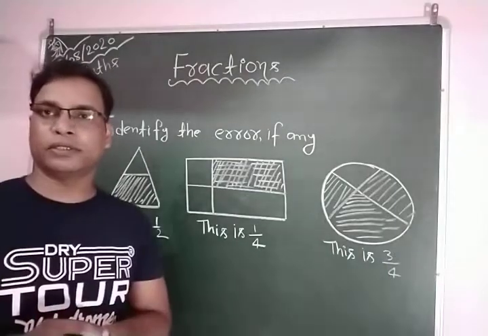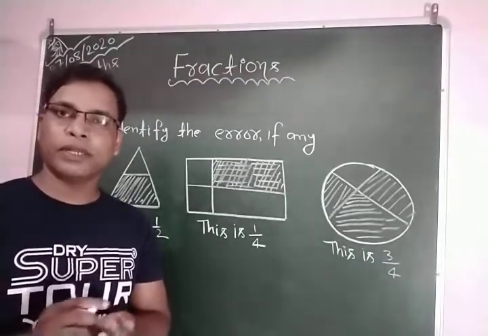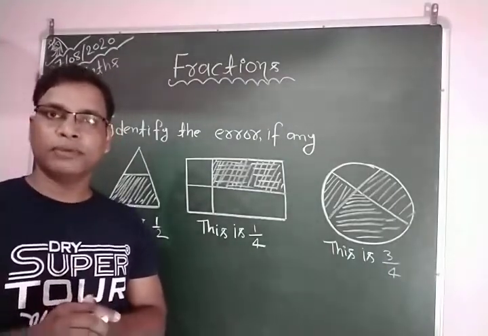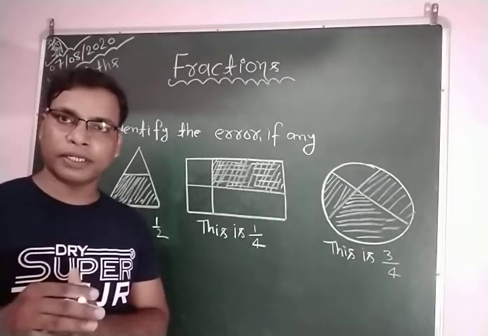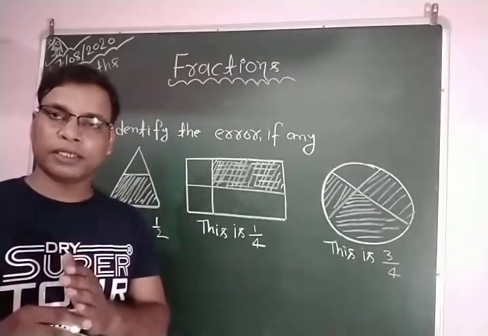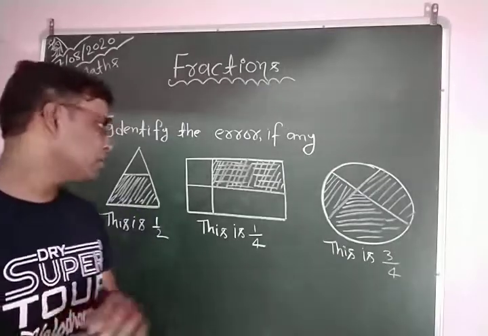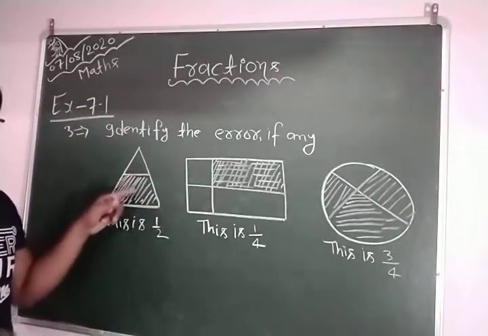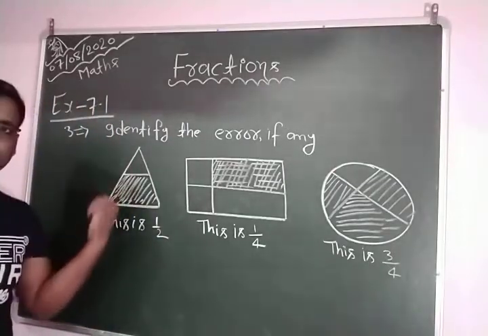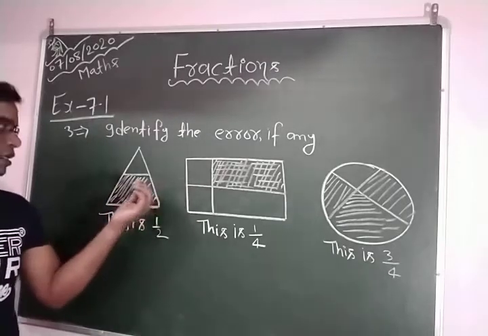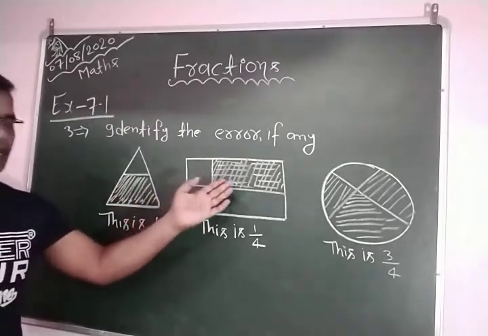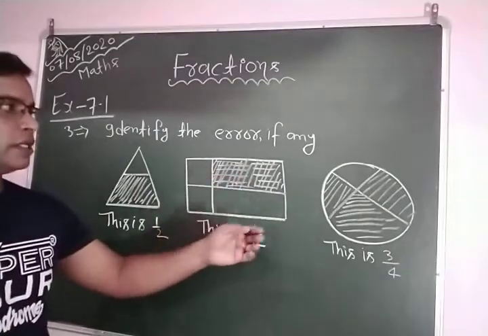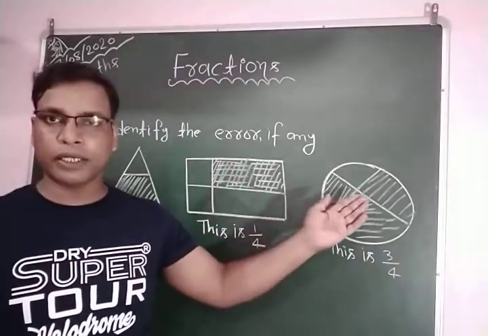When we find fractions, we divide the given figure into equal parts, then we find its fraction. Here you can see both parts are unequal, and here in the fourth figure all parts are unequal.